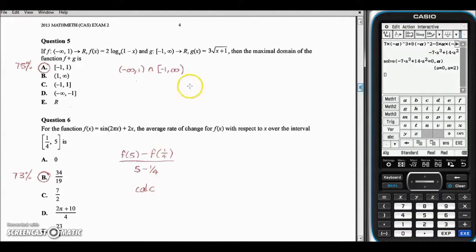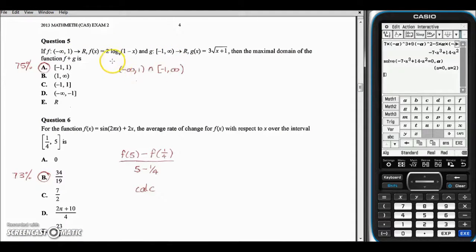Question 5, we have two functions, f and g, a log graph and a square root graph, and we want to know what's the maximal domain of f plus g. So if you know your sums and products of functions, the domain of f plus g is the intersection of the two domains. So the intersection of -∞ to 1 and -1 to infinity.